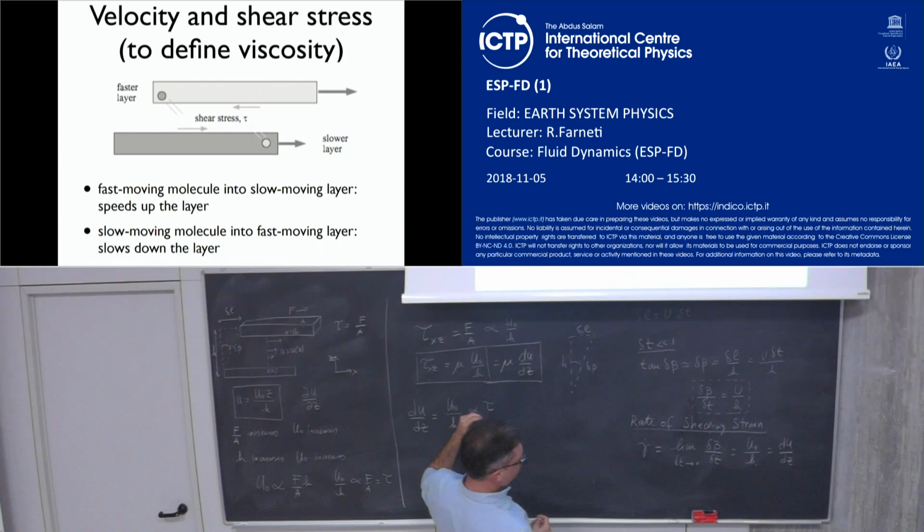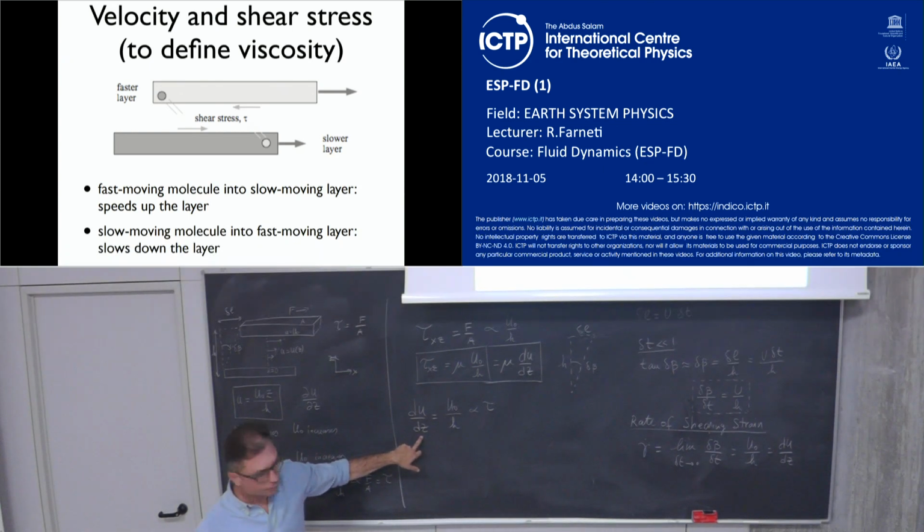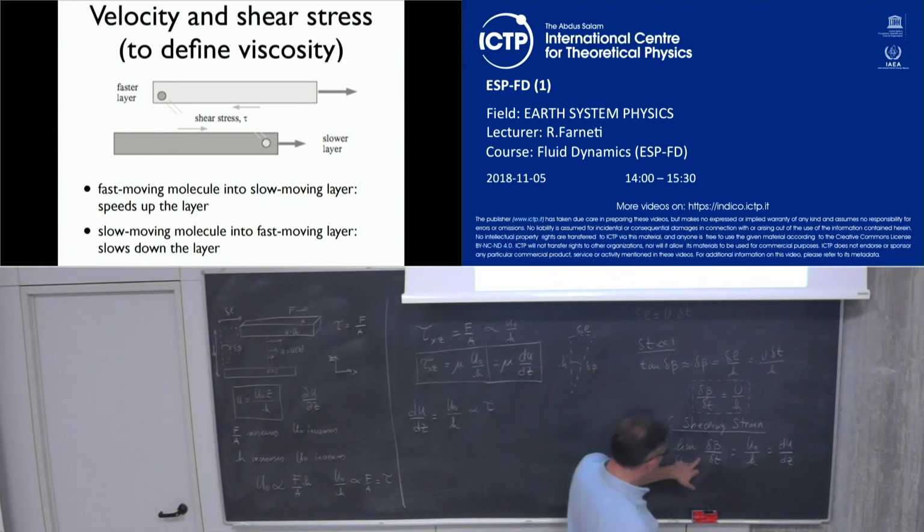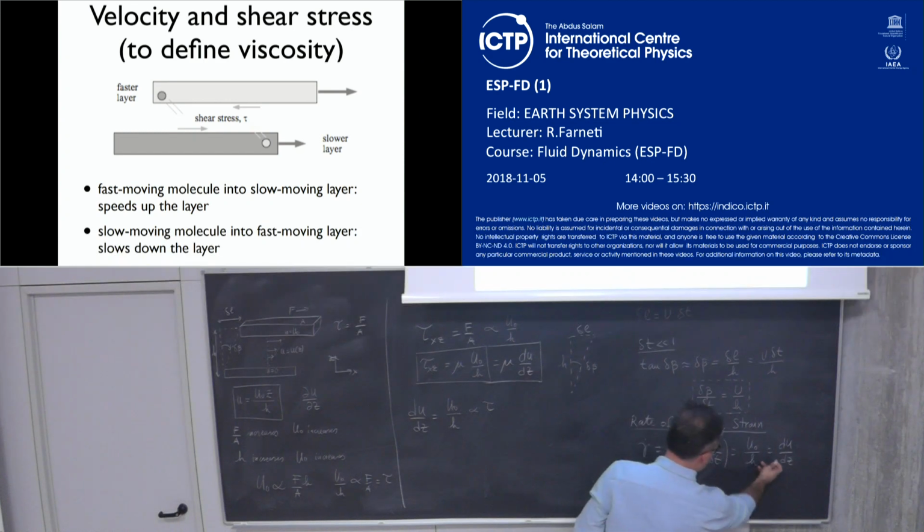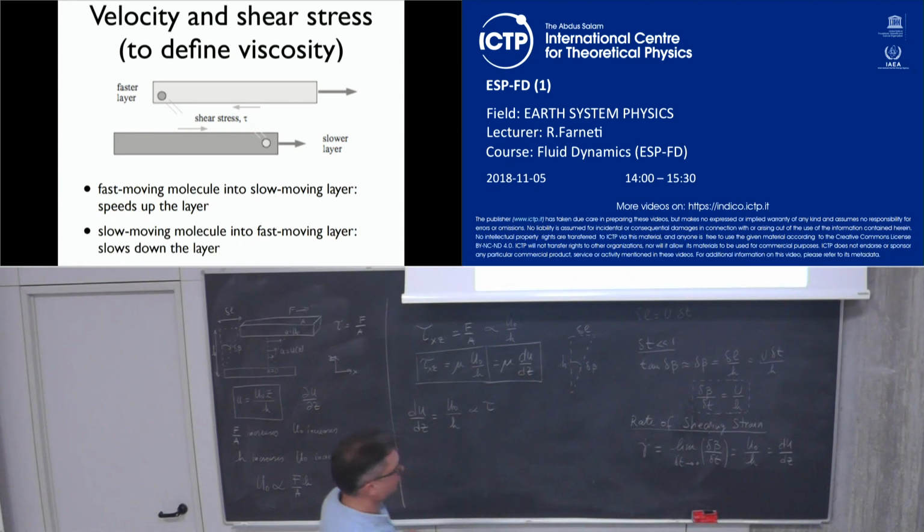But u over h is simply the velocity gradient. So the rate of change of my shear strain, the deformation, is du by dz. So how do I relate my shear stress, or the force that I'm applying to the fluid, to the velocity gradient? Through this constant of proportionality called mu.